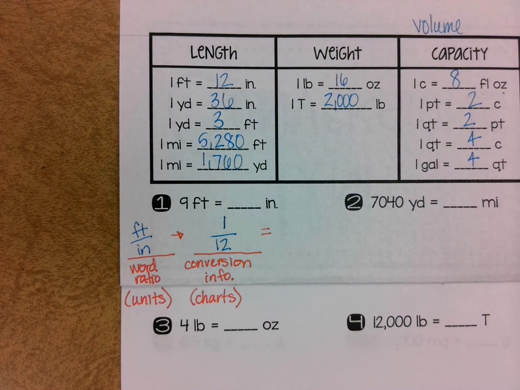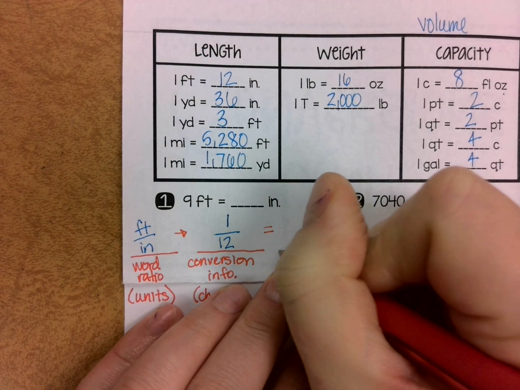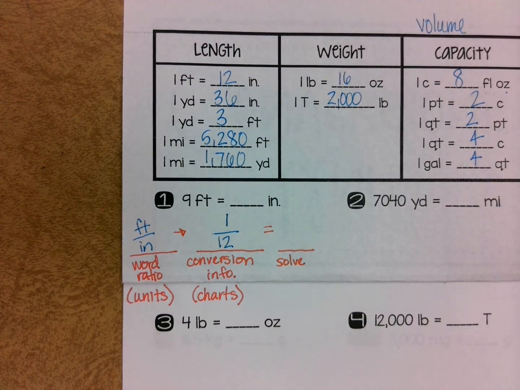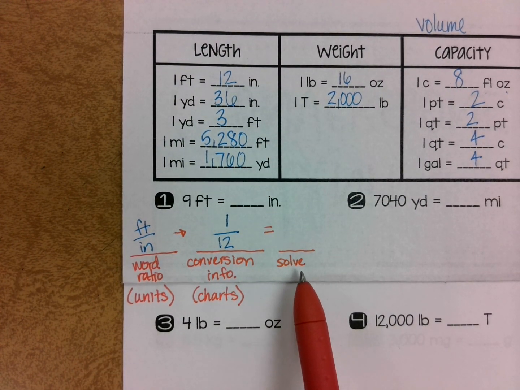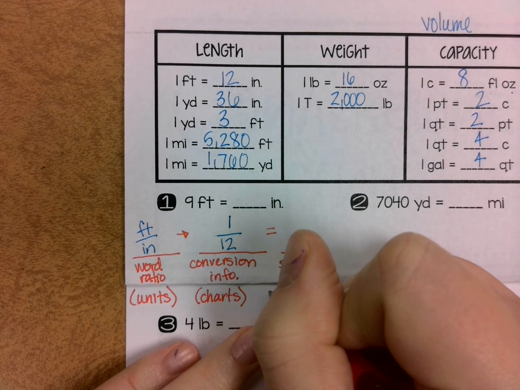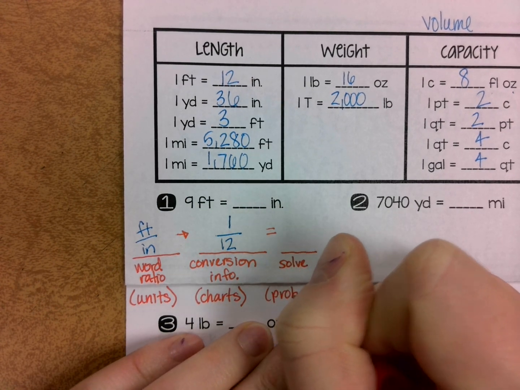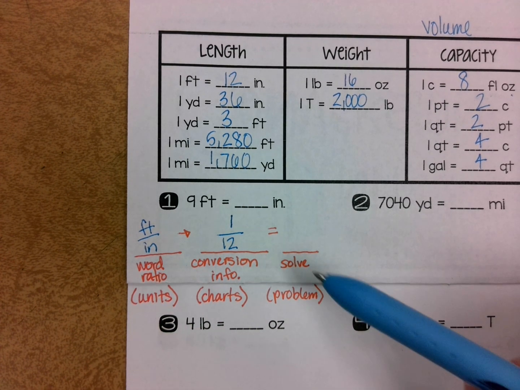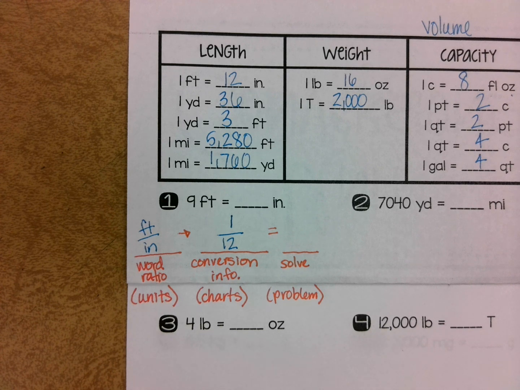We then need to take our conversion information and set it equal for what we're trying to solve for. The solve information, that's all going to come from the problem that we are given. We have to plug in the information from the problem that we're given.